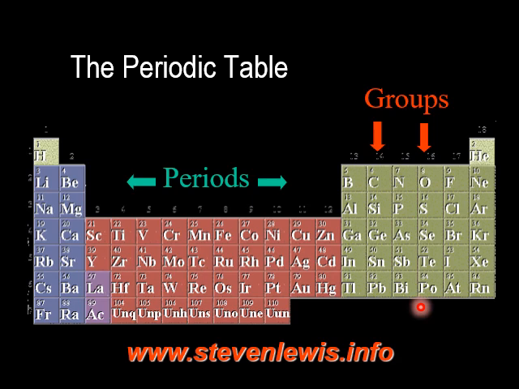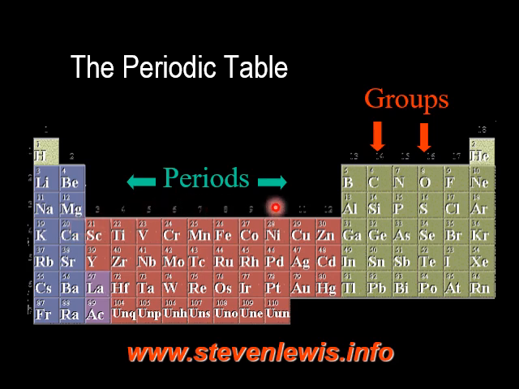That means the group headed by fluorine, which includes chlorine and bromine and iodine, will have similar chemical reactivity. Whereas group number 2, headed with beryllium and including magnesium and calcium, will have a different but yet similar chemical reactivity.